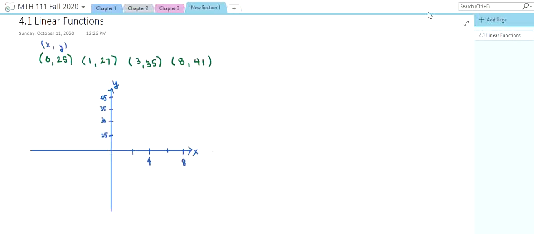For example, 0 and 25 is that point. 8 and 41 looks like it's somewhere over here. 3 and 35 is here. And then 1 and 27 is here.